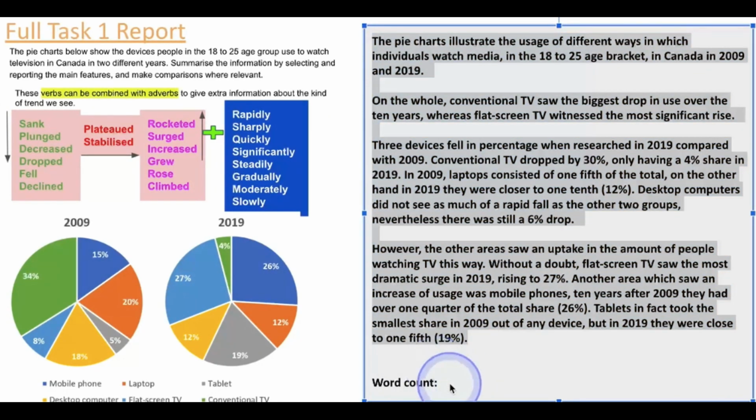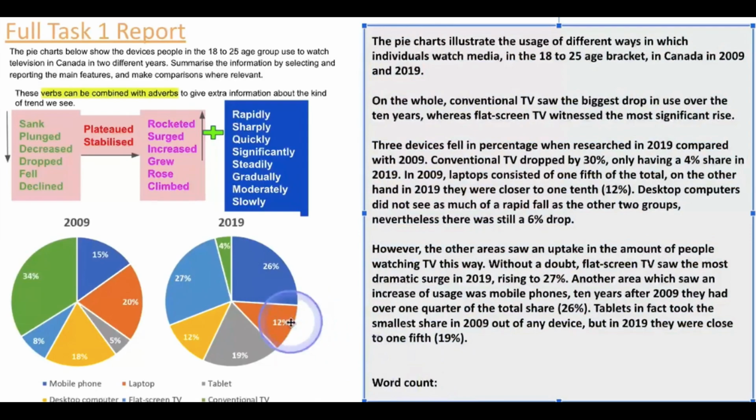Okay, so that brings us to 199 words, so a bit over the 150 minimum there, but you can see how we've structured it today with our paraphrasing, overview, group 1, group 2. So depending how much you can do in the time, then at least you've got the structure, and this is a really strong way to answer the question for task 1.